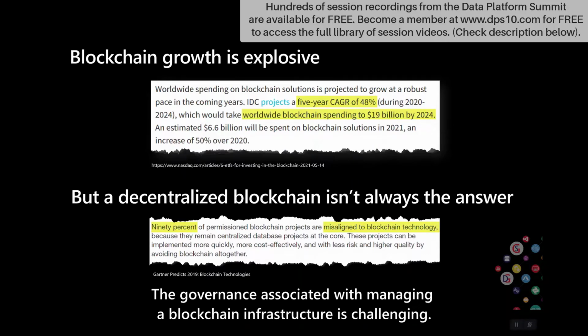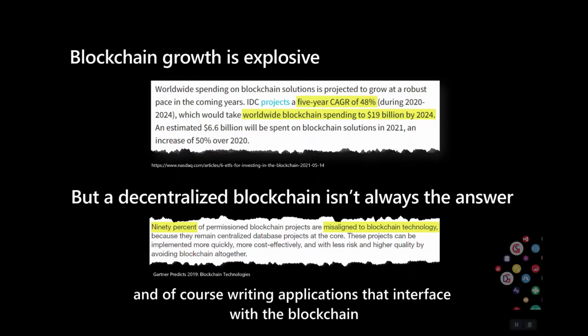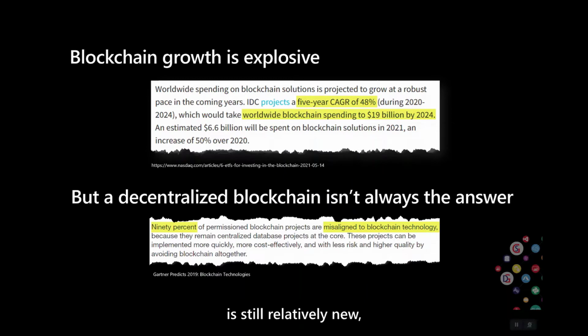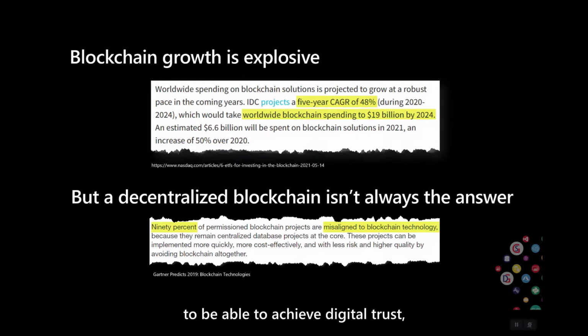The governance associated with managing a blockchain infrastructure is challenging. All parties need a host infrastructure as well. And of course, writing applications that interface with the blockchain is still relatively new. And so the development tools are building, but there's not a very large set of developers in the world that are adept at building enterprise blockchain-based applications. So blockchain is a challenging solution to be able to achieve digital trust.